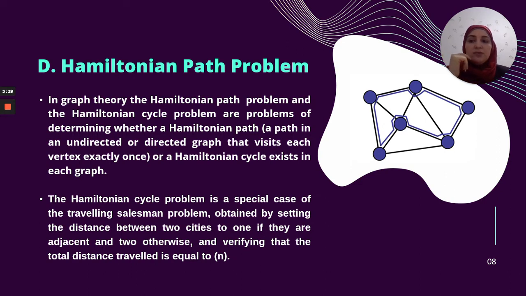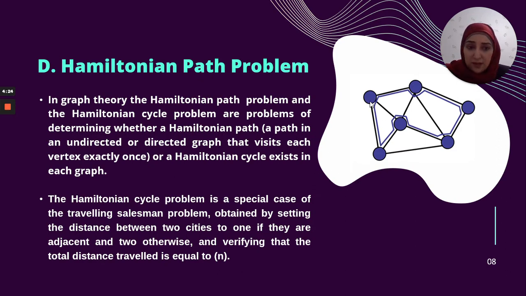What do we mean by the Hamiltonian path problem? In graph theory, the Hamiltonian path problem and the Hamiltonian cycle problem are problems of determining whether a Hamiltonian path, a path in an undirected or directed graph that visits each vertex exactly once, or a Hamiltonian cycle exists in a given graph.